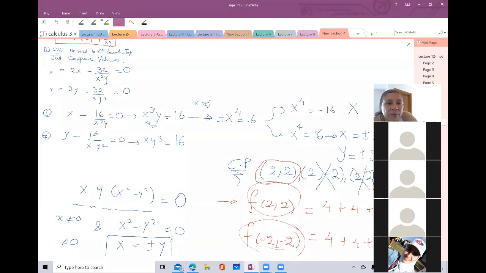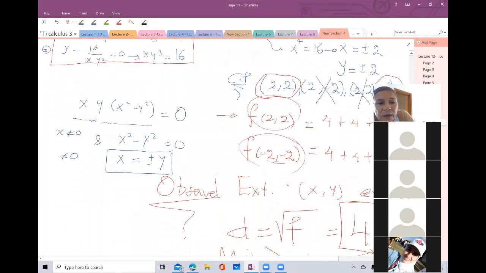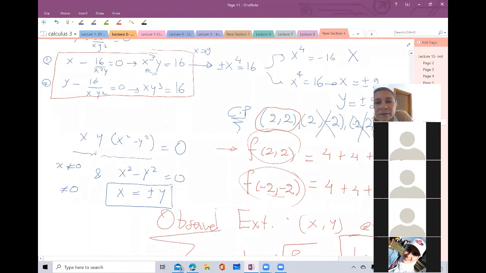When I solved my partial derivatives together, the two equations, I ended up with the 4 points, right? Whatever, we agreed on how we got from here to here to the 4 points. But I told you that even if I arrived at these points, I need you to make sure that they satisfy the equation.